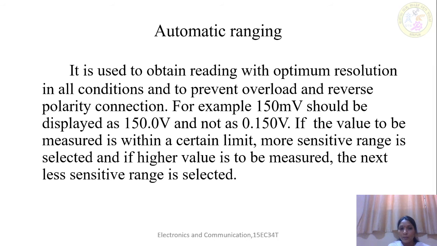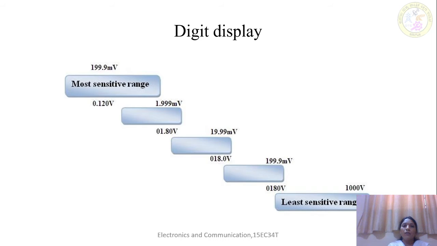If the value to be measured is within a certain limit, the more sensitive range is selected, and if a higher value is to be measured, the next less sensitive range is selected. So this is the display of automatic ranging.